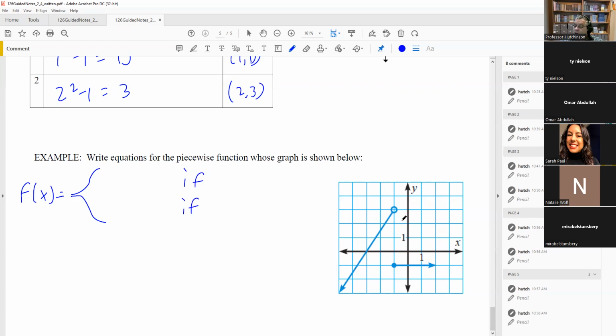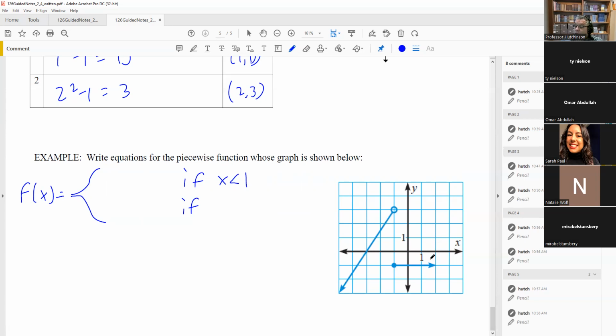So for this one, notice that there is an open circle on -1, and the graph is only to the left of the -1. So what that would translate into is x is less than -1. So I still have to come up with the equation, but I know the conditional statement on that is going to be x is less than -1.